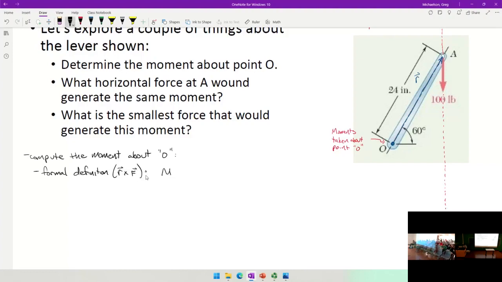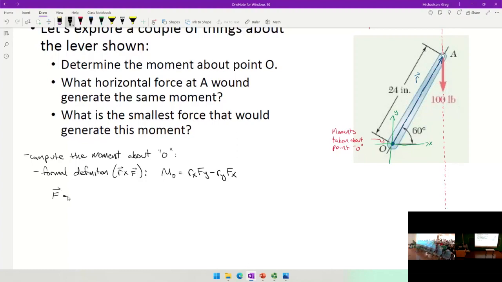We said that M naught is Rx Fy minus Ry Fx. But in order to do this, we're going to need vectors to define each of these two. We're going to need to actually define these. So here's the y-axis. Here's the x-axis. So let's start off with F.